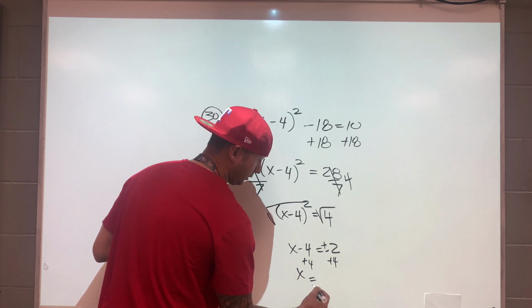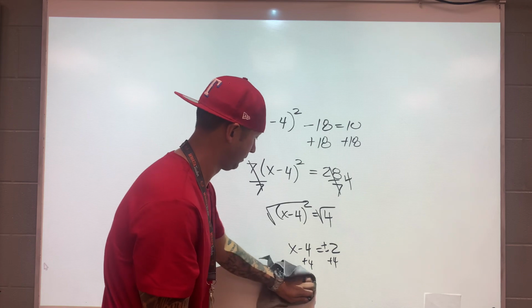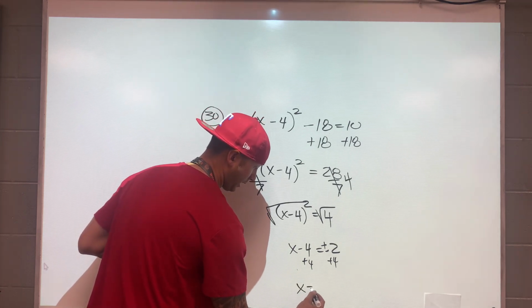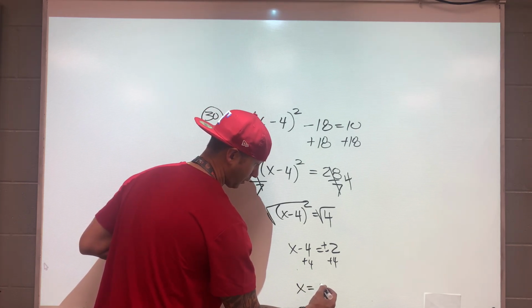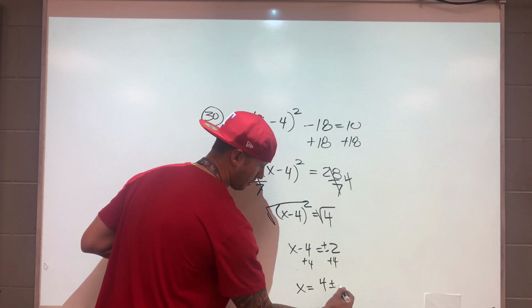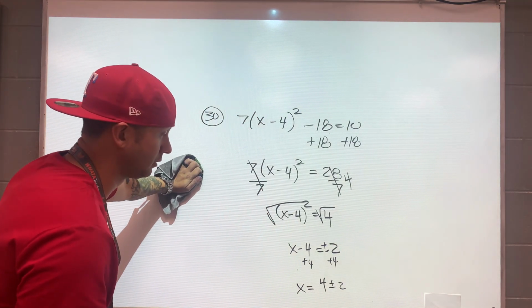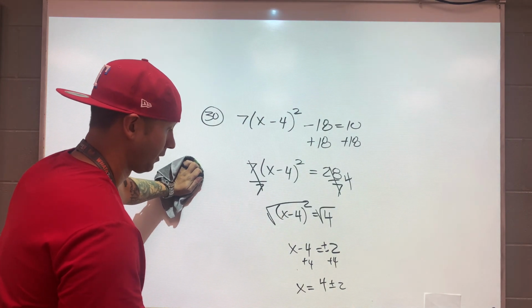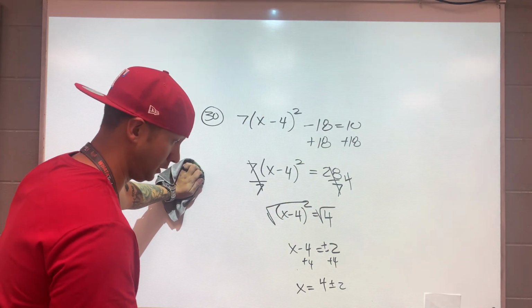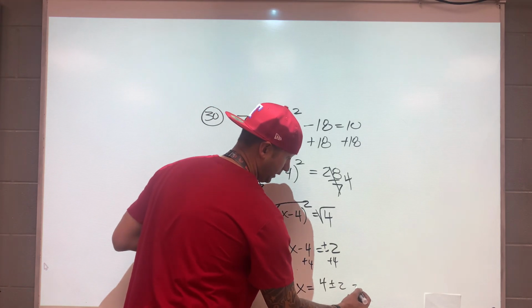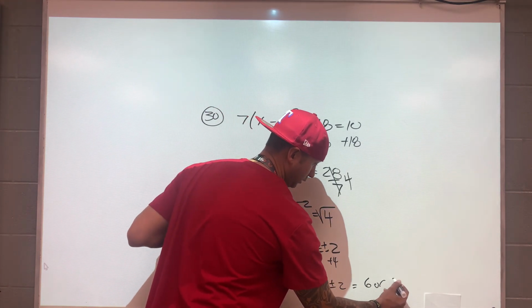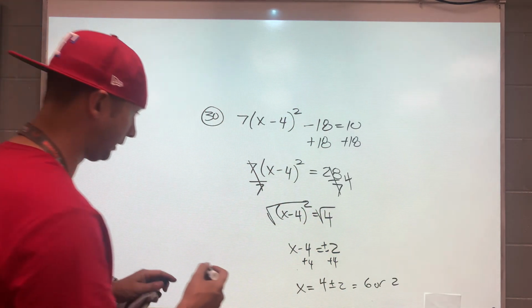So x is equal to 4 plus or minus 2. So what would that be? 4 plus 2 is 6. 4 minus 2 is 2. So basically 6 or 2, either one of those answers.